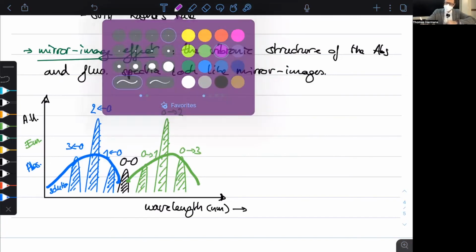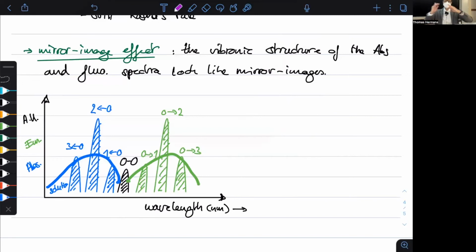There's a maximum absorbance, so this would be the wavelength lambda max of absorption, and this would be lambda max of emission. The difference between those wavelengths is called the Stokes shift.